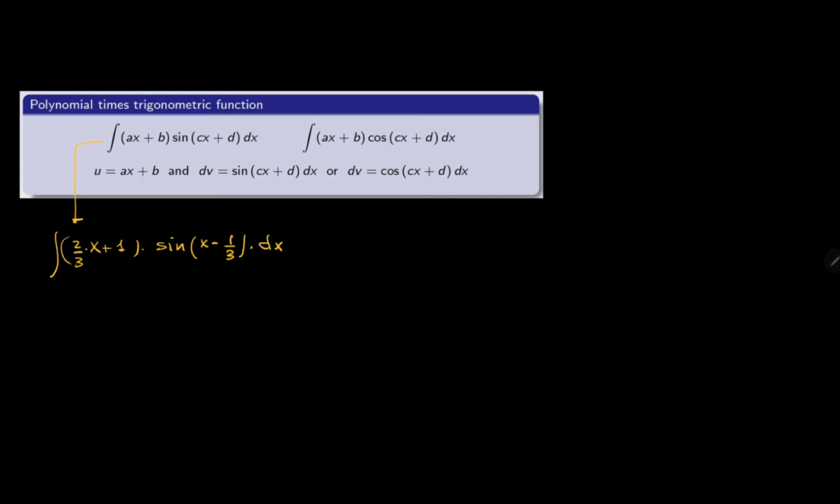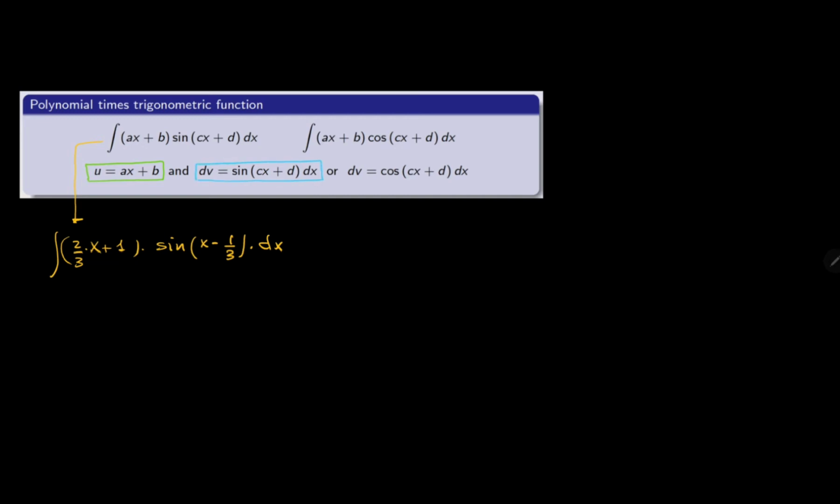And in this situation, always the u is going to be the polynomial expression multiplying the trigonometric function, and the dv is going to be the trigonometric function.